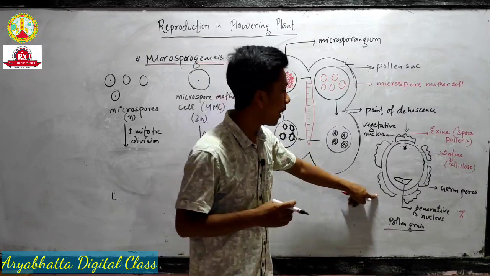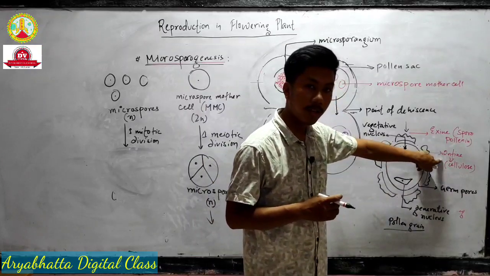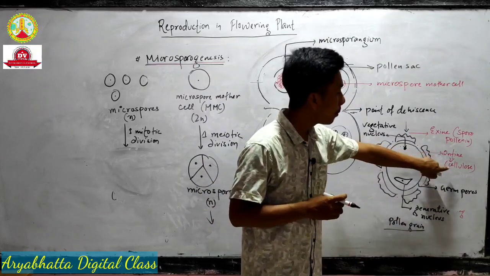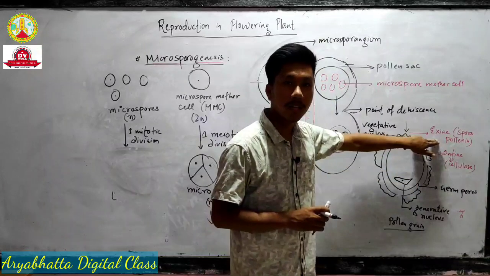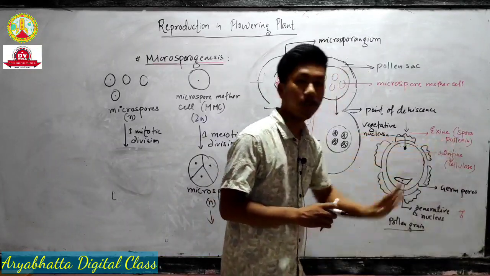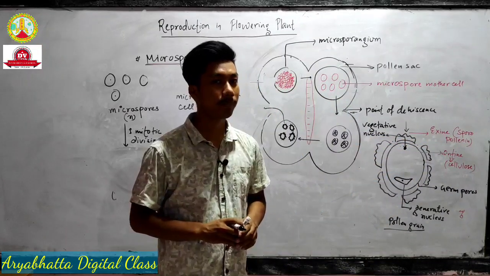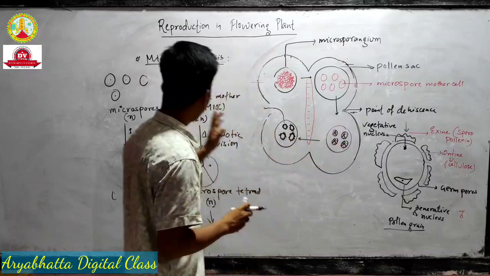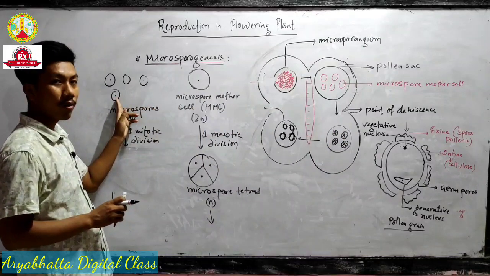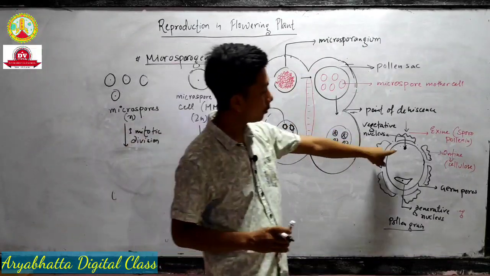The pollen grain has two layers, inner layer known as intine made up of cellulose and outer layer known as exine made up of sporopollenin. Okay, and the nucleus of microspore divides into two.